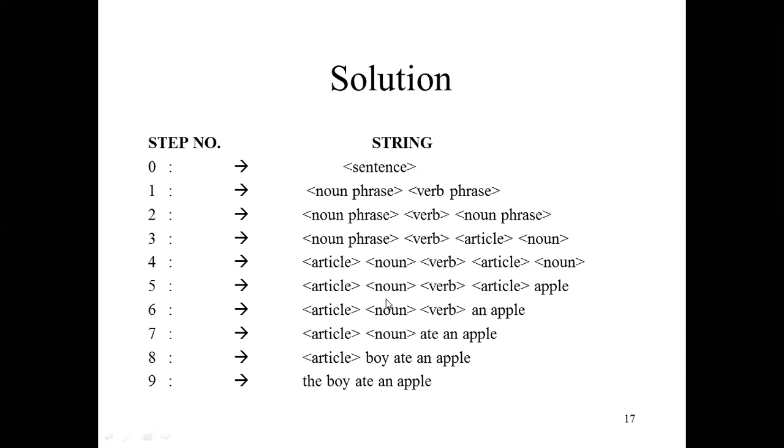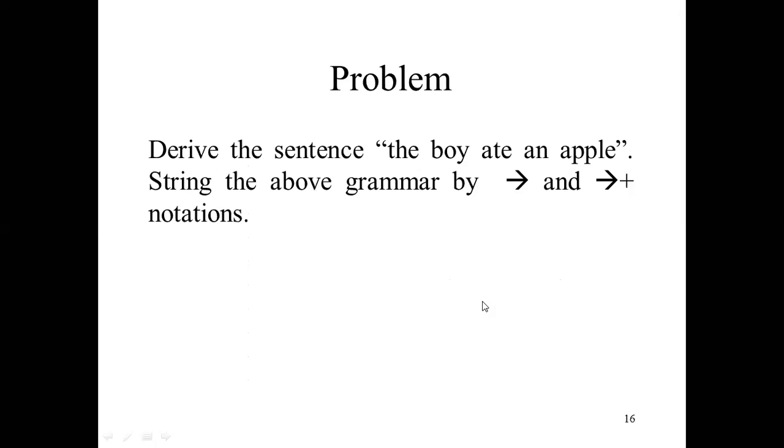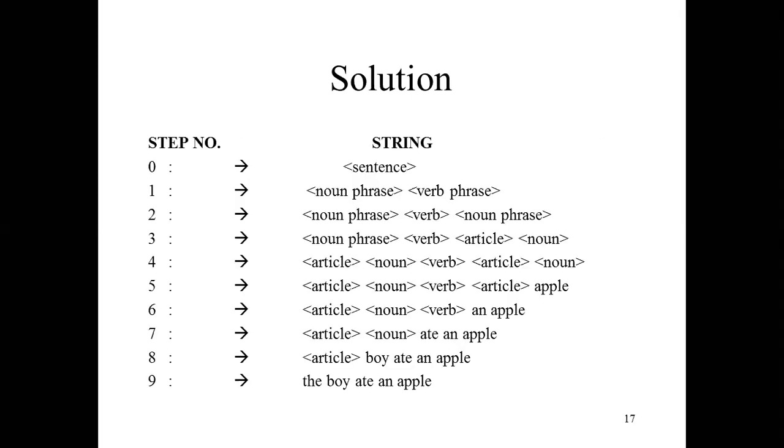So you are replacing apple. Then, as per the requirement, you replace this article by an, as it is given in the sentence, and you write again article, noun, verb, same.